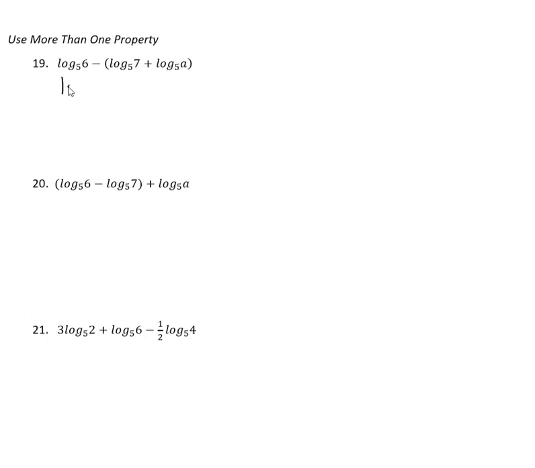So I have log base 5 of 6 minus the log base 5 of 7a. As the 7 and the a are multiplied, I could write it as the product of 7a. And now I have the difference of two logs, so I can write that as a quotient. 6 divided by 7a.